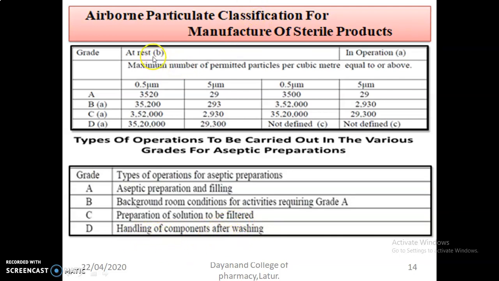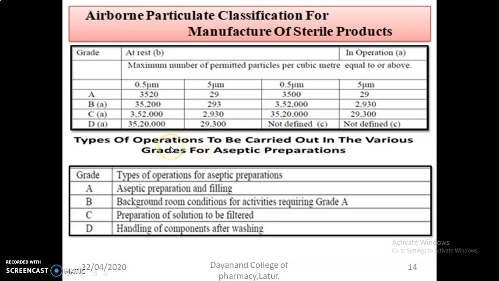You can see the maximum number of permitted particles per cubic meter equal to or above the given size, for 0.5 micrometer and 5 micrometer. This chart is for the at-rest position and for in operation. The number of permitted particles is given, so it should be followed during the manufacturing of sterile products.